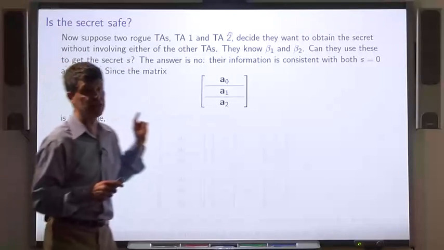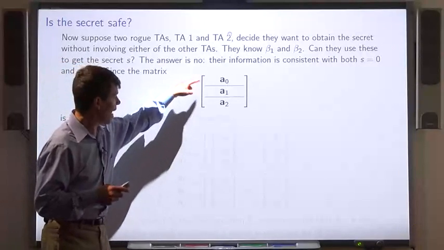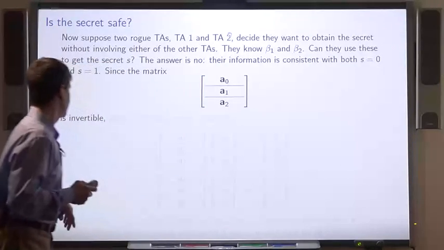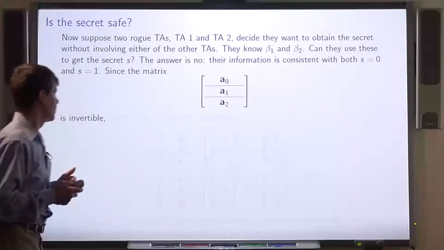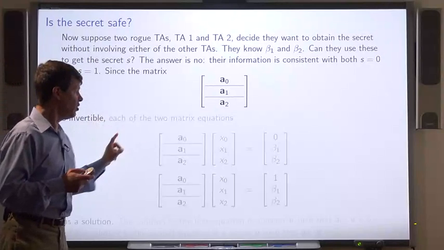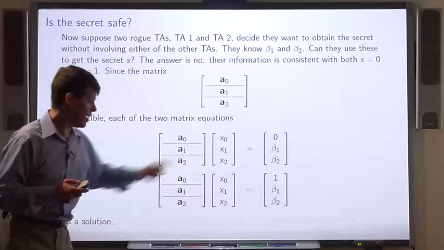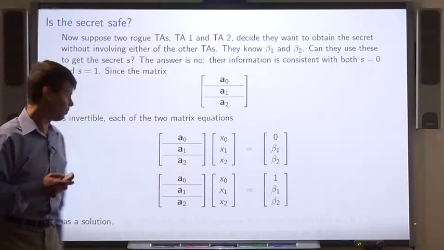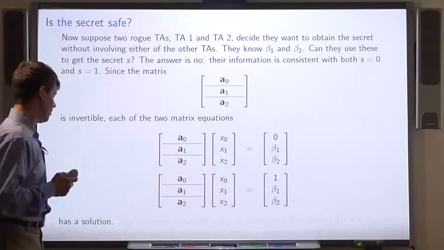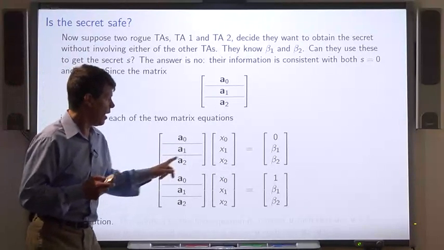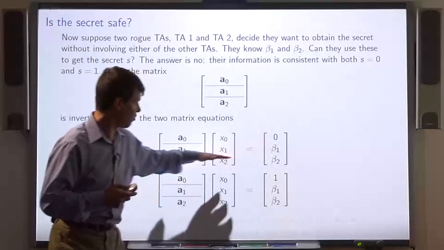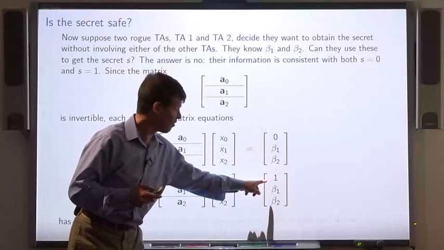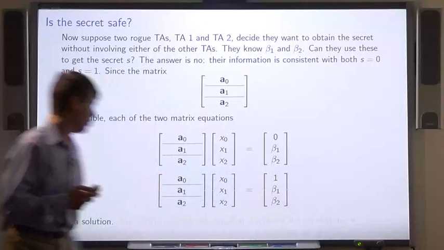Well, consider this matrix whose rows are A0, A1, and A2. This matrix is invertible by the requirement. So each of these 2 matrix equations has a solution, exactly one solution, in fact. I put 0 as the first entry in the right-hand side of the first equation and 1 as the first entry in the right-hand side of the second equation.